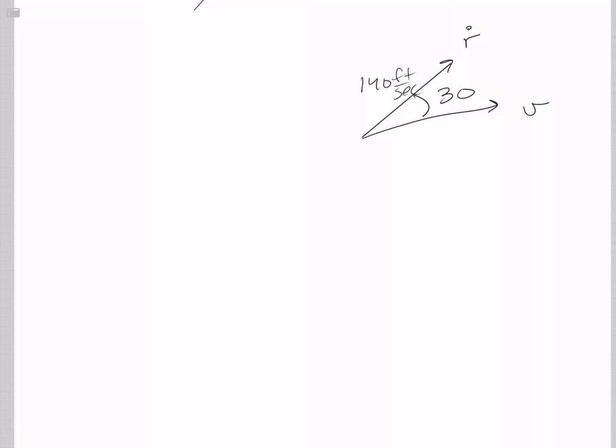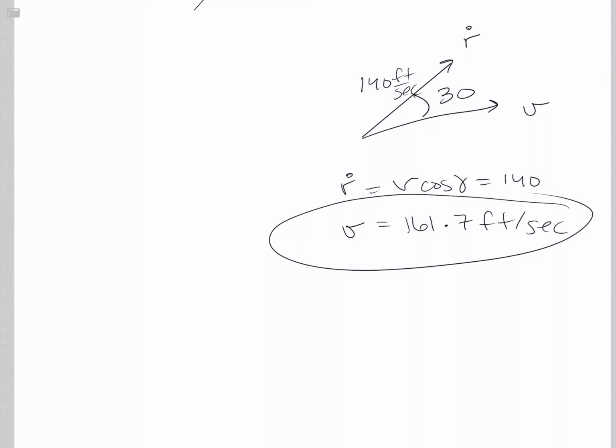So you just put in the component for that, which would look like r dot equals v cosine gamma equals 140 cosine gamma. And when you plug in the value for gamma, which is 30, you'll get 161.7 feet per second. So that is solving for the first one. Once you take it apart, you realize it's not that complicated. We've been doing components since day 1. So this is another component portion.